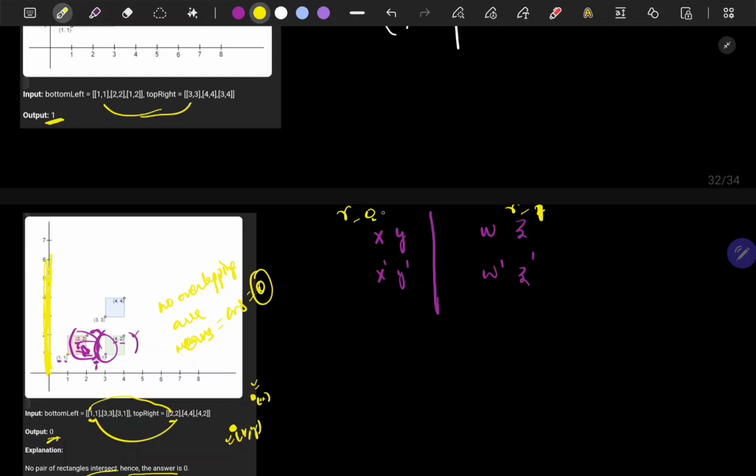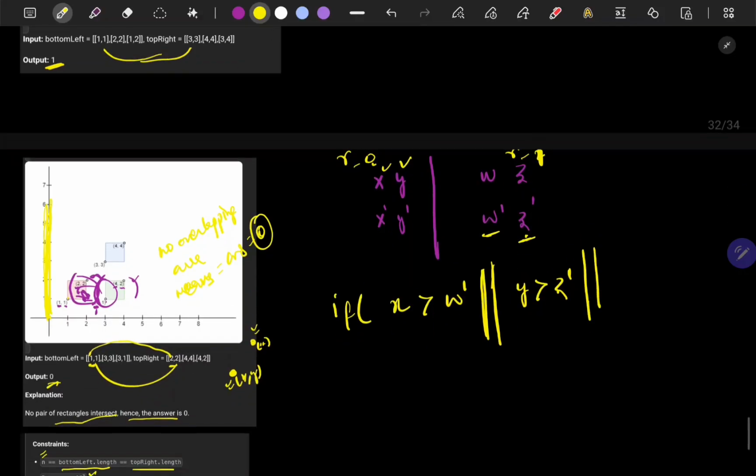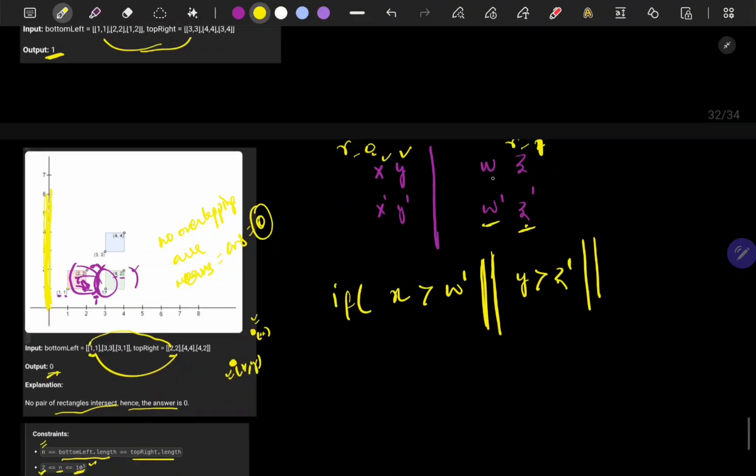So our condition will be if this x is greater than w dash, or if this y is greater than z dash. If any of the two, then this is a non-overlapping case. It will never overlap. Same way we have to check for this also.